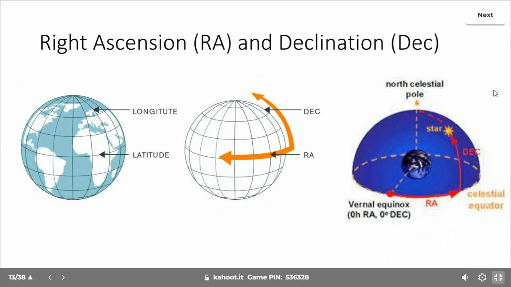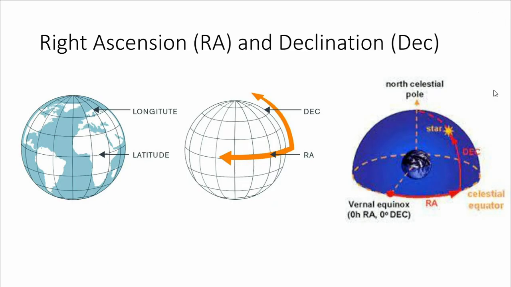So instead, we've come up with a way to have everyone agree on the same coordinates that something would appear in space. And so we've done that with these two new angular measurements called right ascension and declination. So you can think about this in a similar way that we have latitude and longitude lines on the Earth.